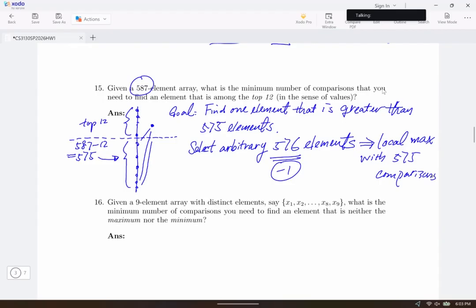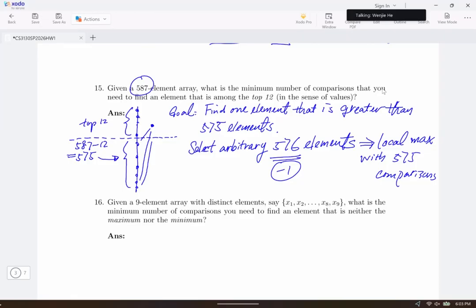Local maximum. It's not a global maximum. In this subset, we find a maximum, or a partial maximum. Not a full maximum. Then this local maximum beats 575 elements, because each comparison eliminates one element, so one element is lower than this one.